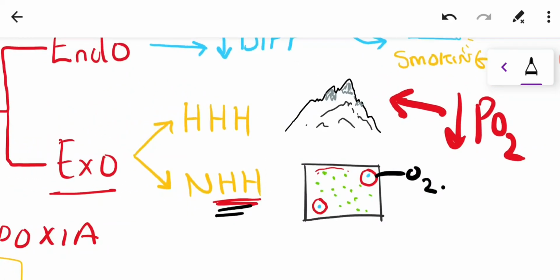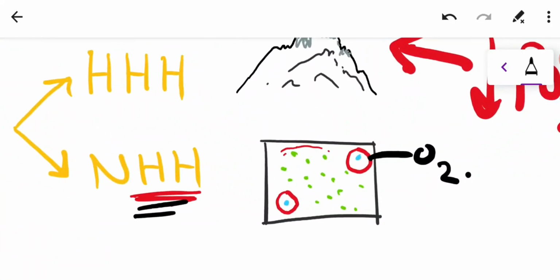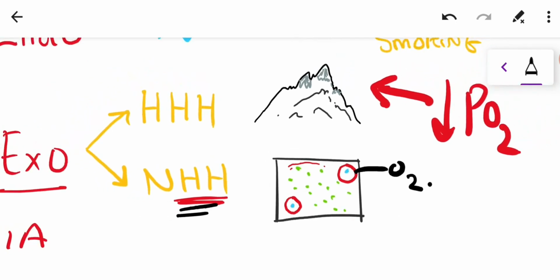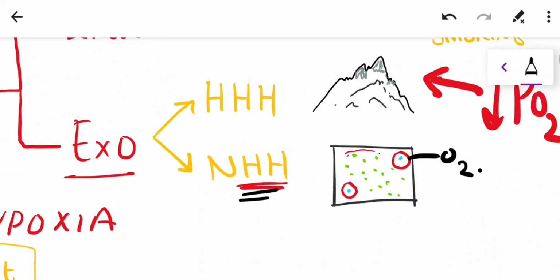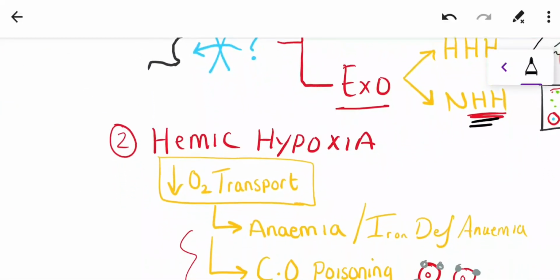Do you think that will be sufficient for us? No, this oxygen is being diluted by all these other types. There's less partial pressure. This is normobaric. The pressure is fine. We're not on a mountain. But we still have hypoxic hypoxia due to the imbalance in the partial pressure. That's exogenous. All right, let's move on.